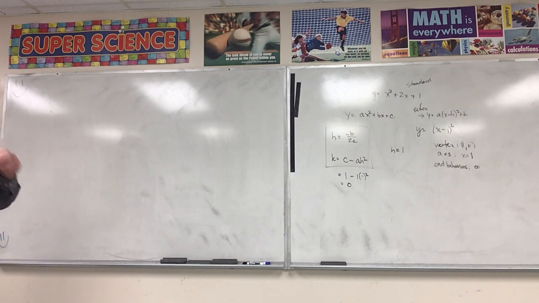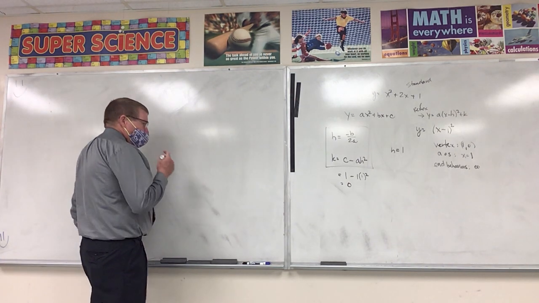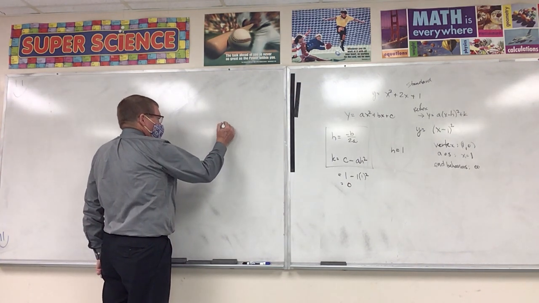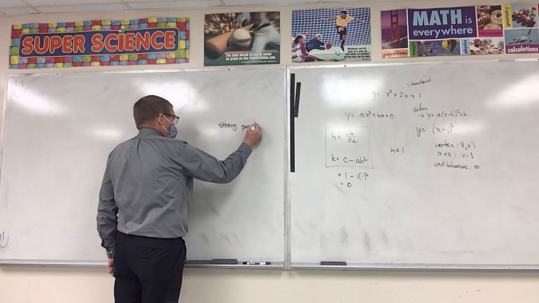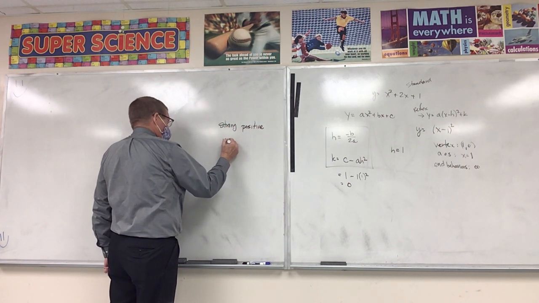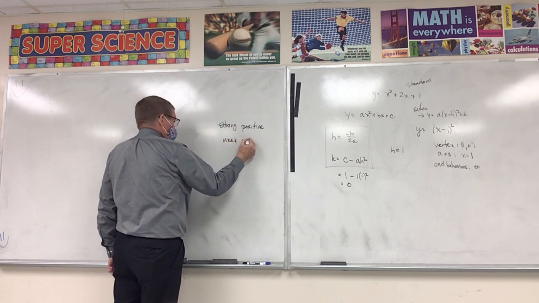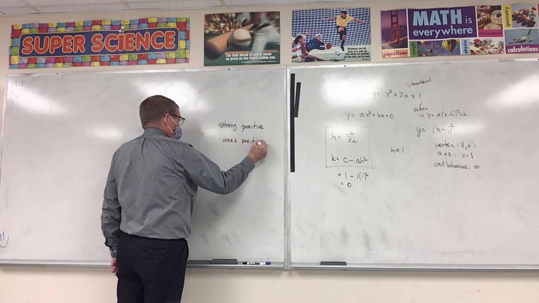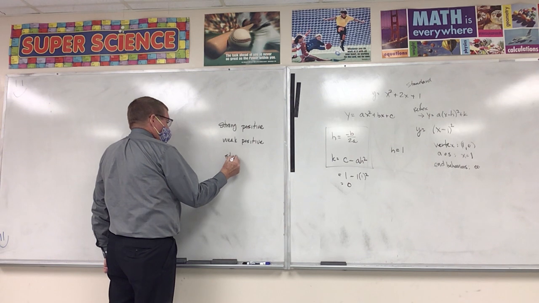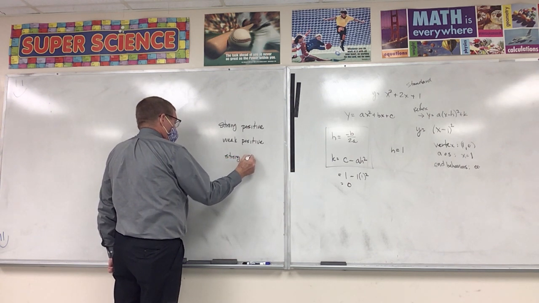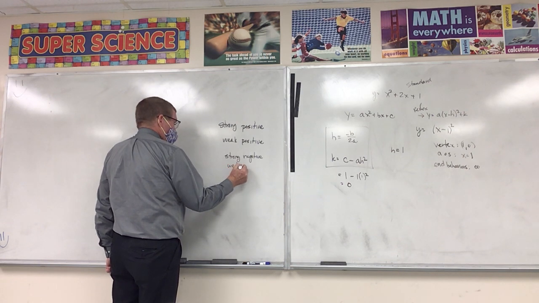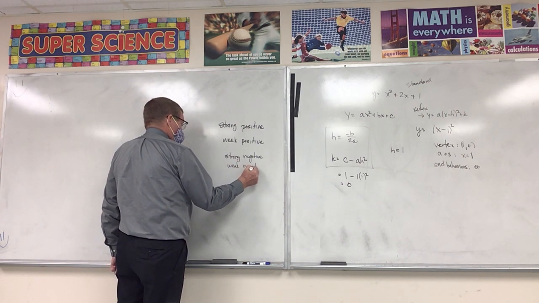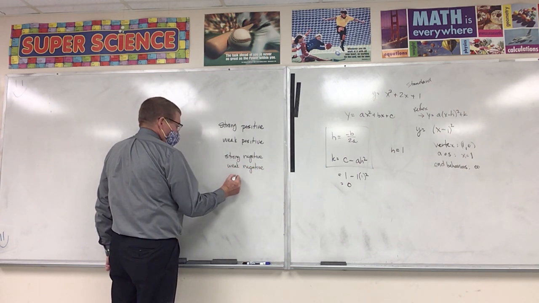So we have 4 types of correlation: a strong positive, a weak positive, strong negative, a weak negative, or no correlation.